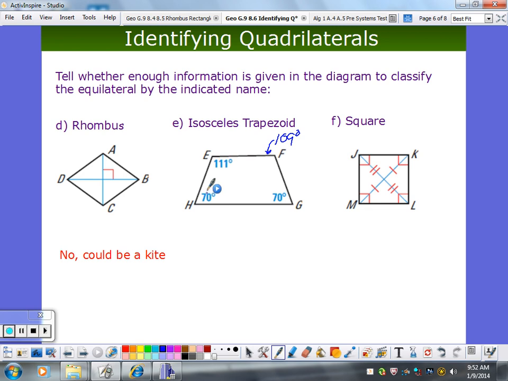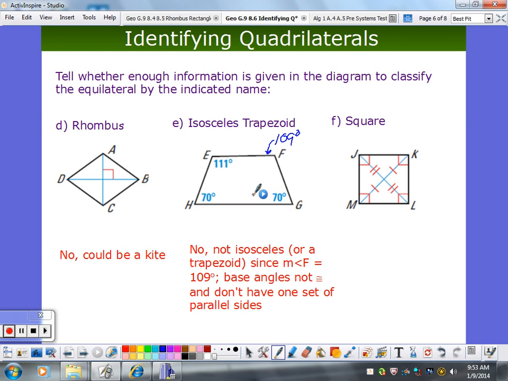These are not supplementary, not parallel. These are not supplementary, not parallel. So it's not an isosceles trapezoid. You can do the same thing and just add them up; they don't add up, they're not supplementary. So we don't have enough information.